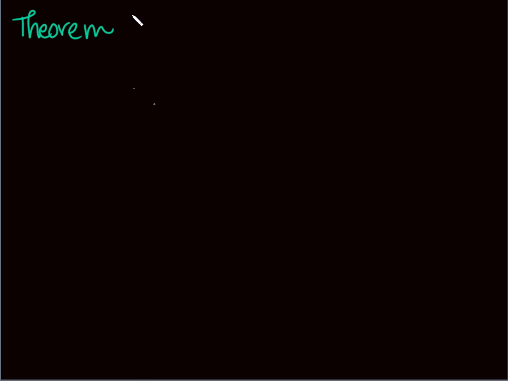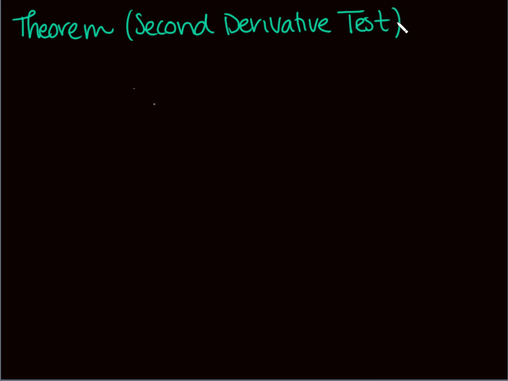And this is called the second derivative test. This is to find local maxes and mins. And you can't have favorites, but I kind of love the second derivative test.